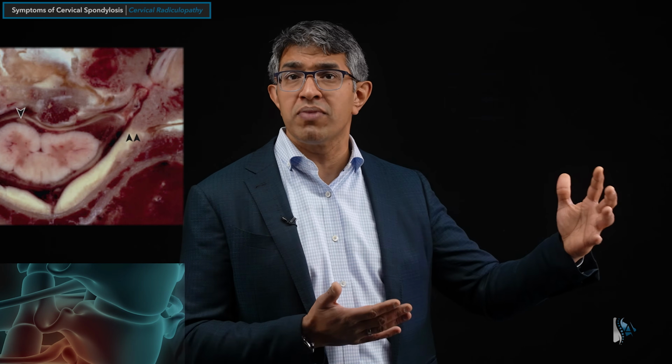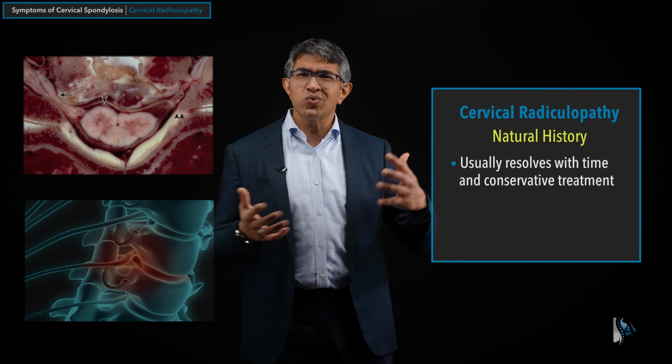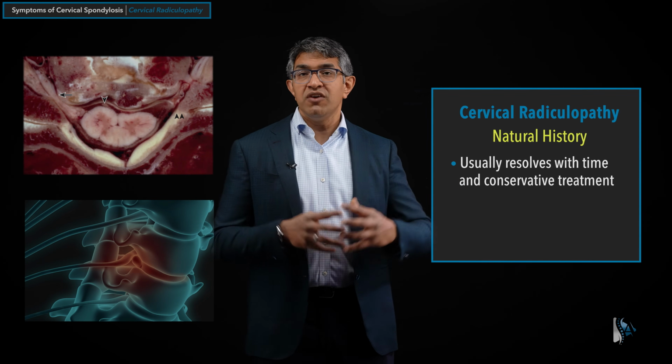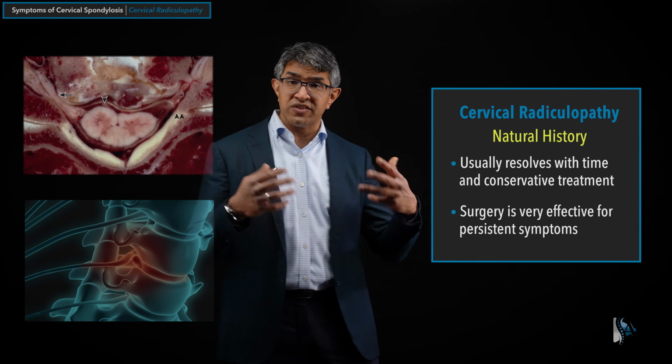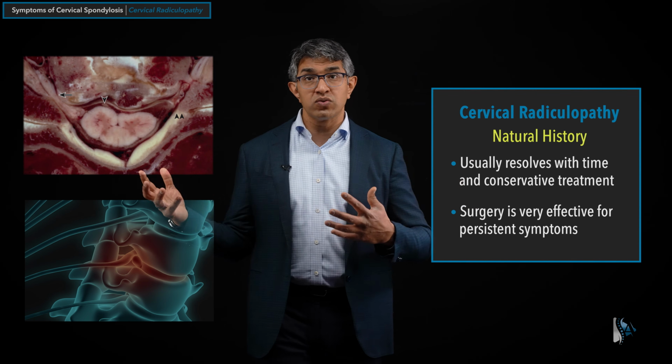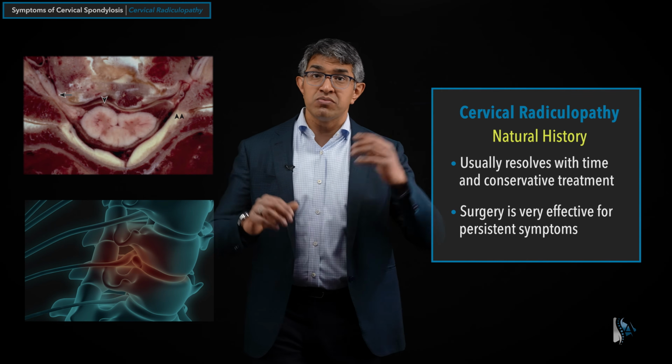We will talk more about the non-surgical management options for cervical spondylosis in subsequent chapters, but cervical radiculopathy tends to get better. If it does not get better with conservative treatment, then it tends to do great with surgery. There are different surgical options for cervical radiculopathy that we'll get into in subsequent chapters when we talk about decision-making around surgery.